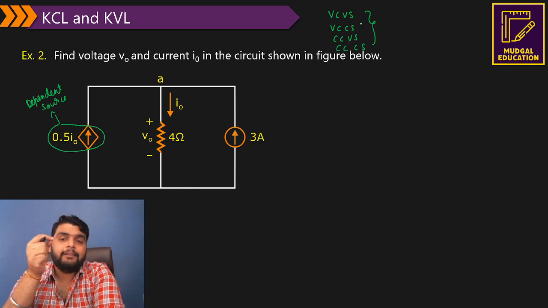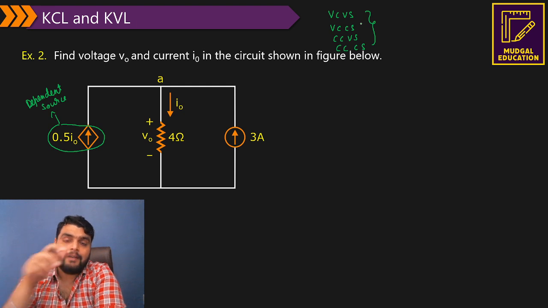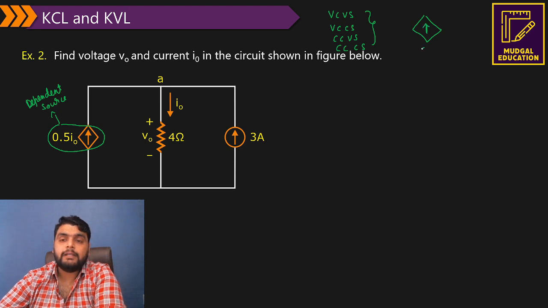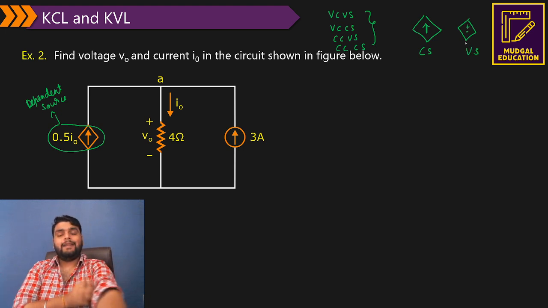Now how do we identify which source we have? First, see what is given inside the dependent source. A dependent source is always represented by a diamond shape. If inside there is an arrow, it is a current source. If inside there is a polarity, it is a voltage source. Now check the dependency.